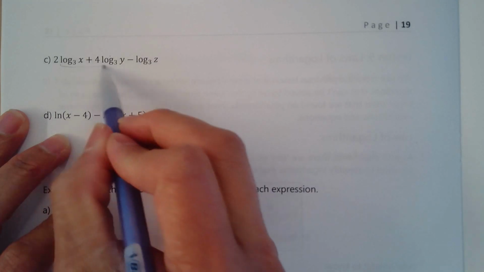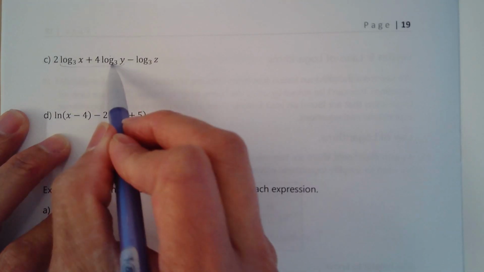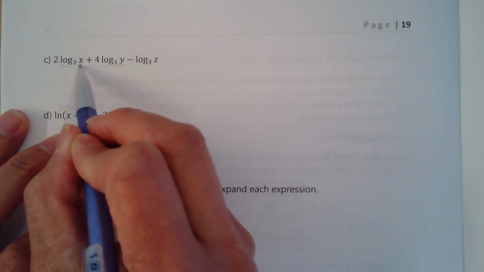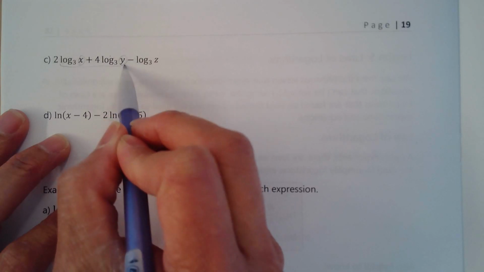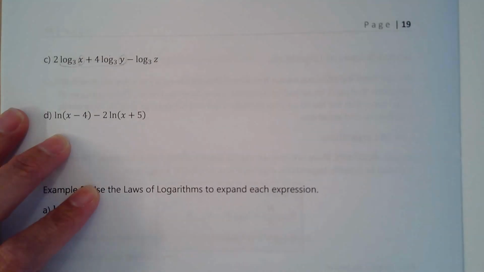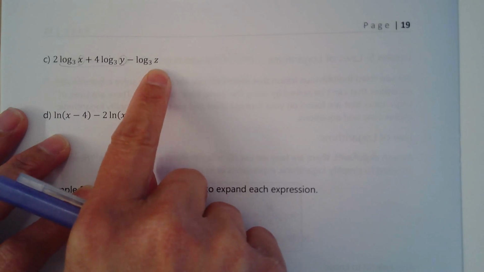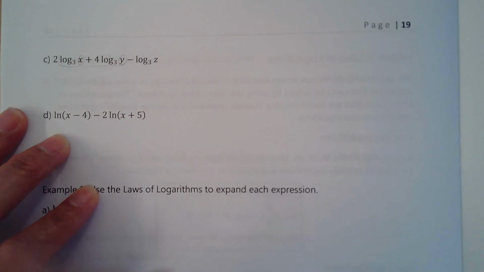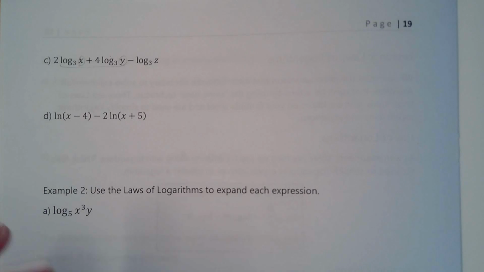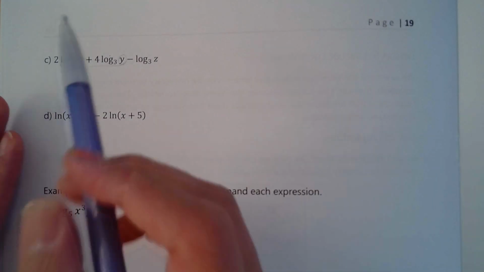I see two exponents that got added and then subtracted. So that means the powers have been multiplied, and then this one got divided. X, Y, over Z? X, Y, and Z, yes.